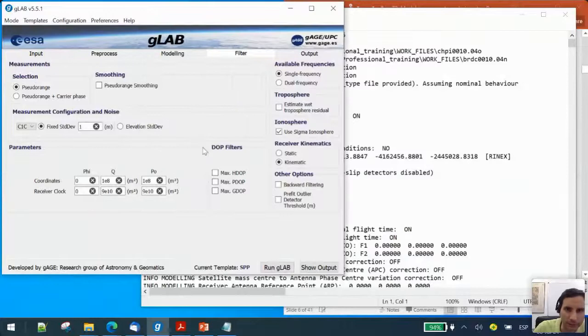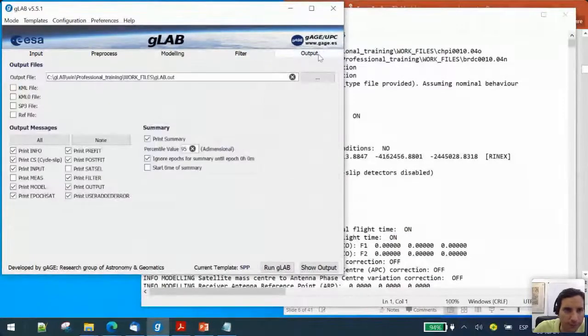What is the output of GLab? Well, if you go to the Output tab, you will see the path and a file name that by default is glab.out, but we will change it. You can use your name or whatever file name, and we will change this in a minute.